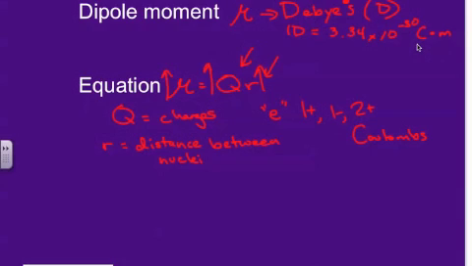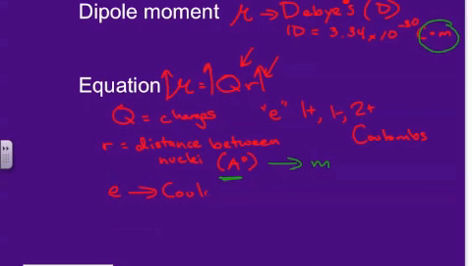Now, normally when you find the bond length between nuclei, that might be expressed in angstroms. Since debyes have meters in them, at some point in your math you're going to have to convert angstroms to meters. And you also have to convert your charges, e, into coulombs.